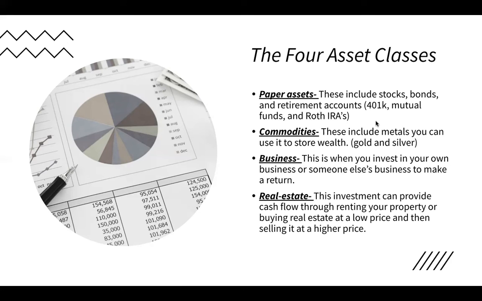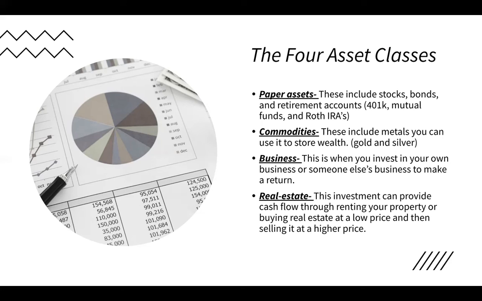So mutual funds, 401ks, and Roth IRAs are typically used for retirement. What these are is accounts or funds that have multiple stocks in them. Usually what people do is put money into these accounts monthly, and on average, you usually get about a 12% return yearly.